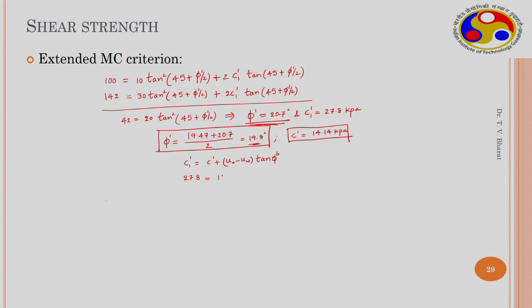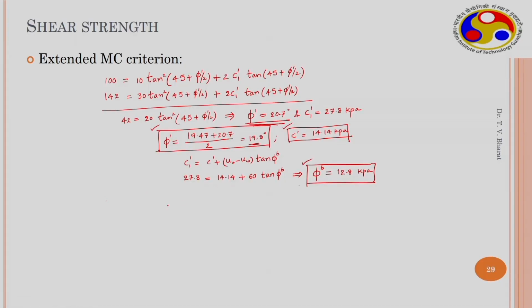C dash is also known, that is 14.14, plus (UA minus UW), when the intercept is C1 dash, is 60 kilopascal, into tan phi b. When we solve this, we get phi b, which is 12.8 degrees. So phi b is less than phi dash in this case. These three are the strength parameters of the extended M-C criterion given by Fredlund et al.